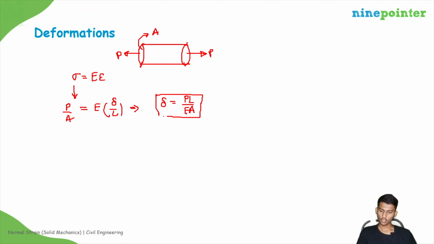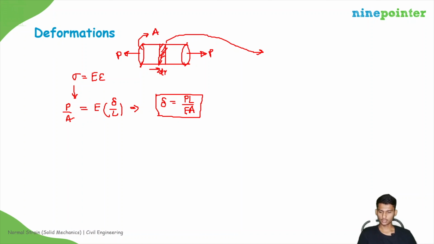But this is not always the case, because in some cases area will change. In some cases the value of E can change along the length, because it is not always a homogeneous and isotropic material. And in some cases the load at every section will change. So we need to sum the deformations of each small particle. Then you will get the whole deformation in any case, right?